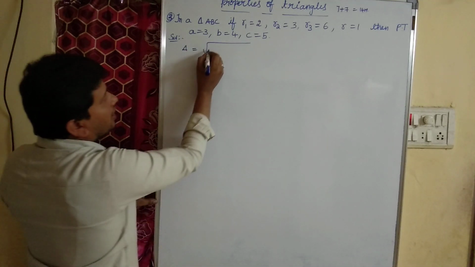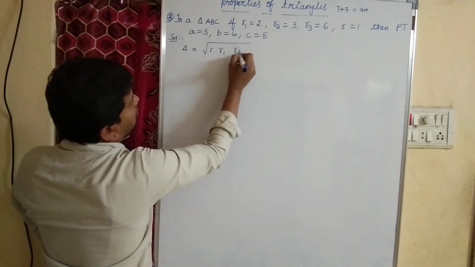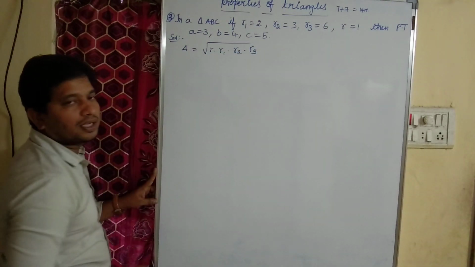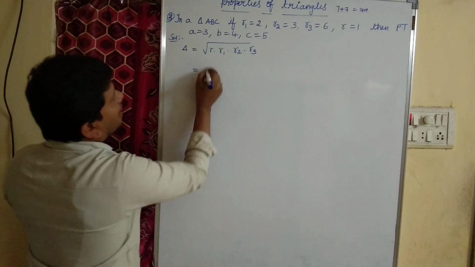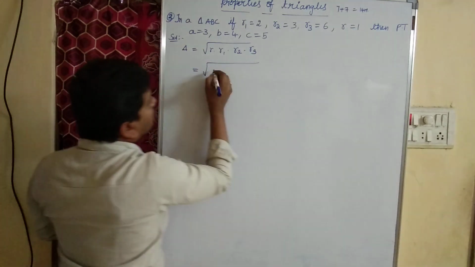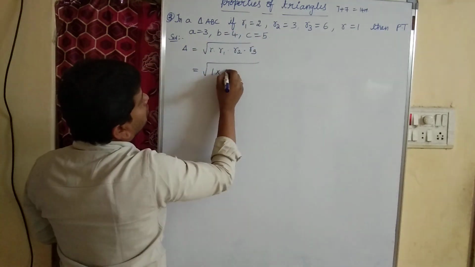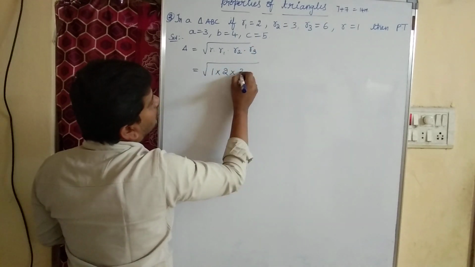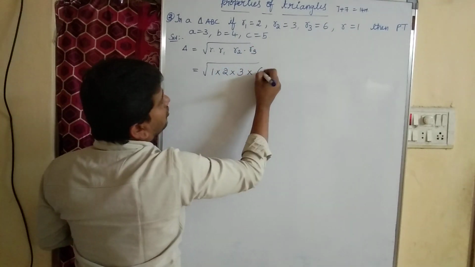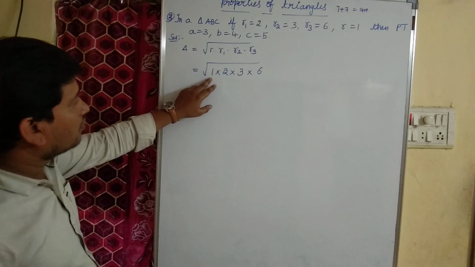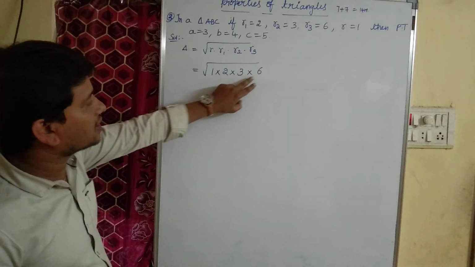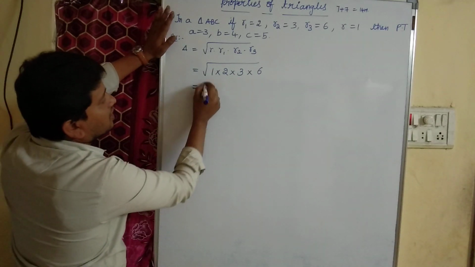The formula for delta is root over R into R1 into R2 into R3. As R value is 1, 1 into 2 into 3 into 6. 1 2 is 2, 2 3s are 6, 6 6s are 36.